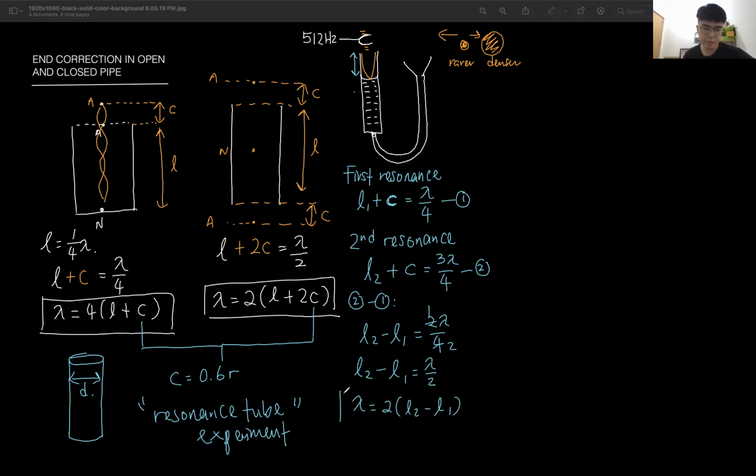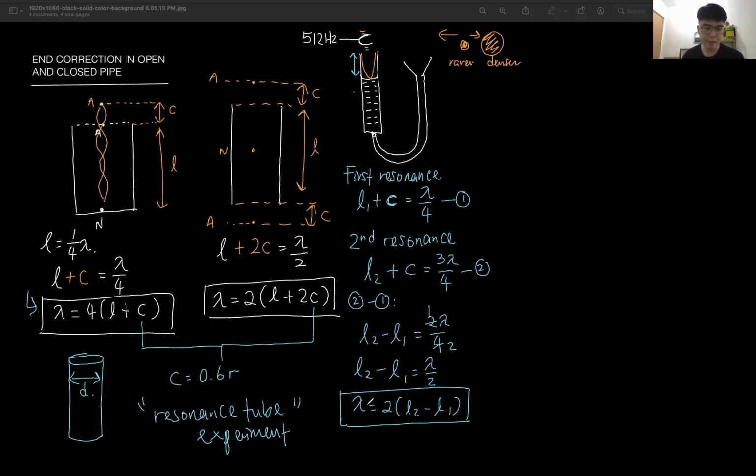Take note of this. I can calculate the wavelength just by knowing L2 and L1. Here I would need the end correction, but I do it experimentally. I find L2 and L1, I can get lambda, because there's no end correction in the equation.